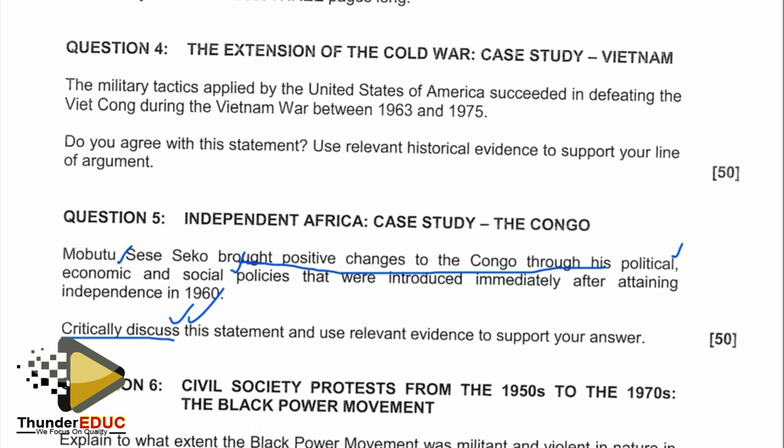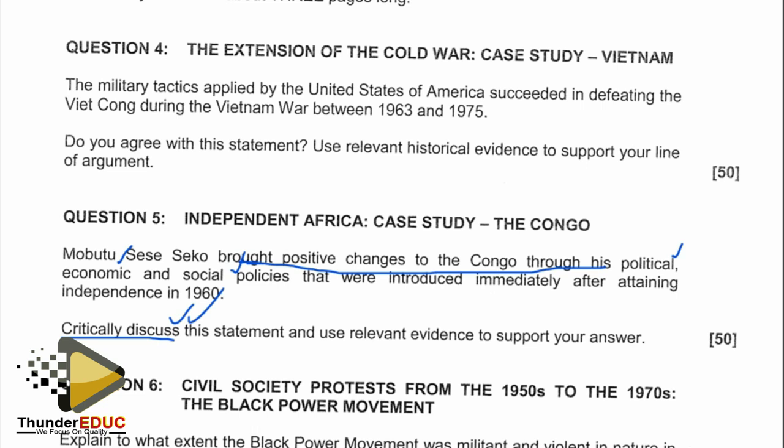If the politics of Congo became stable and he managed to silence the rebellion of the Katanga people, that is a positive political move. Or if in social life people adopted a new African way of life which was pleasant to them, it's a positive move. So it's a generalized historical reason you can give to support why you said he brought positive changes.